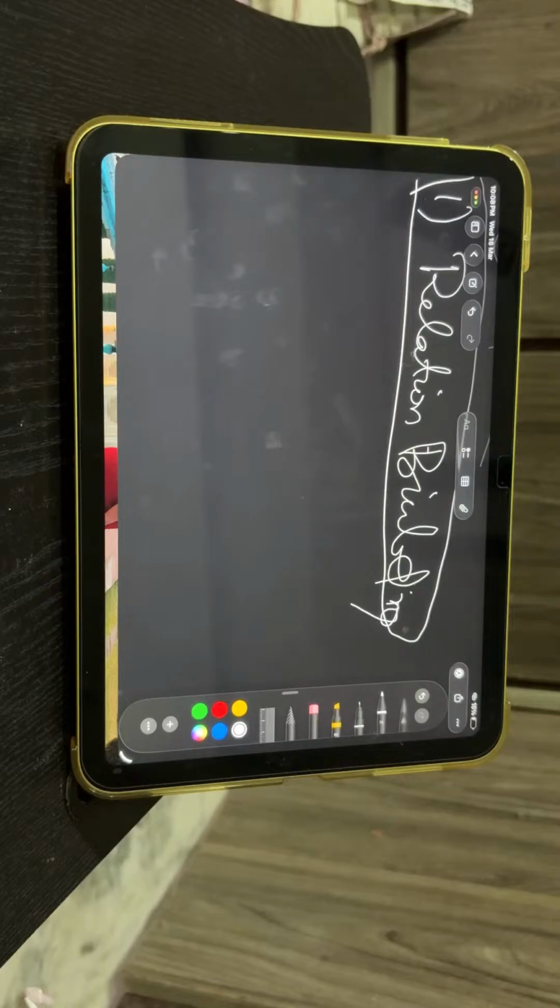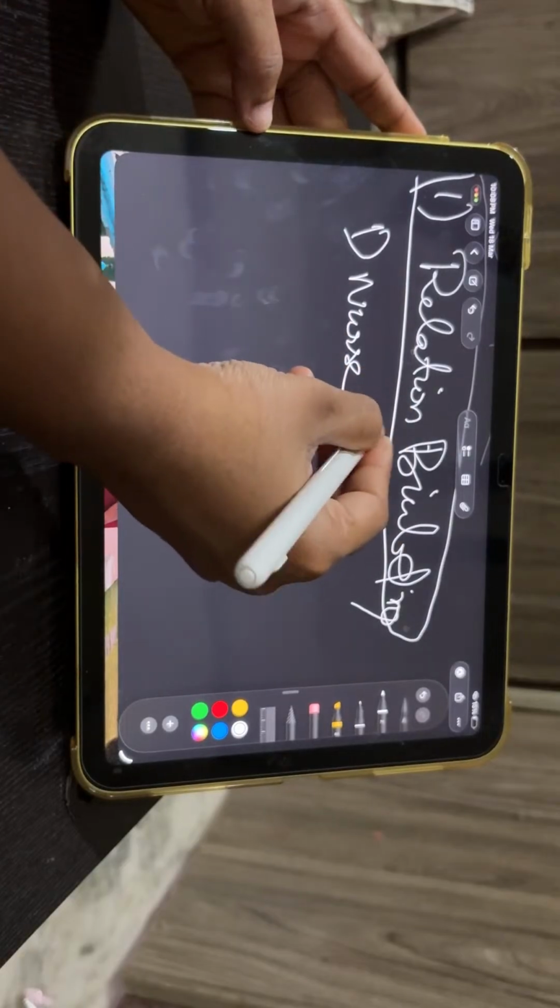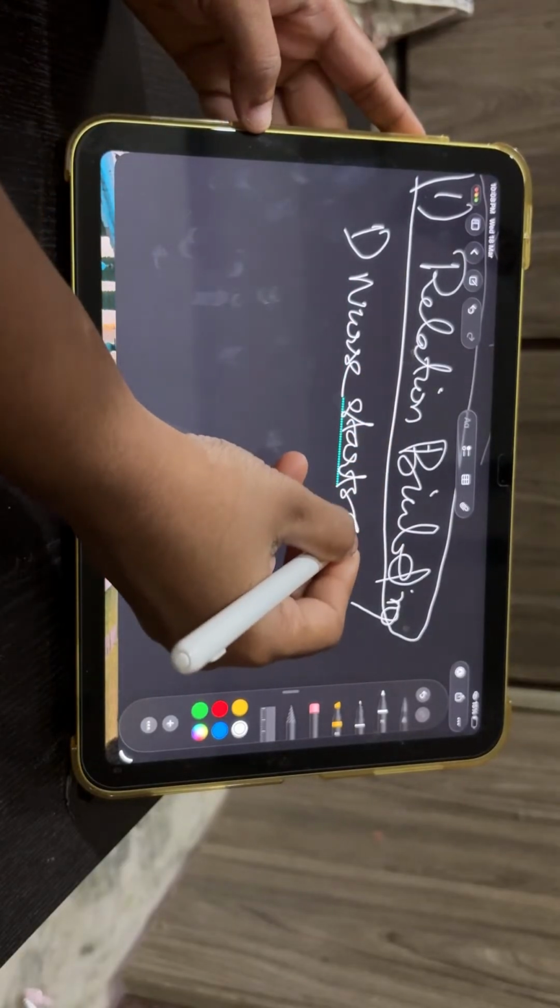Yes, I am the receptionist or clinical nurse in this diabetic clinic. How can I help you? Like that, you have to start your conversation for every OET speaking, depending upon the situation. So this is the relationship building. The nurse starts the conversation.